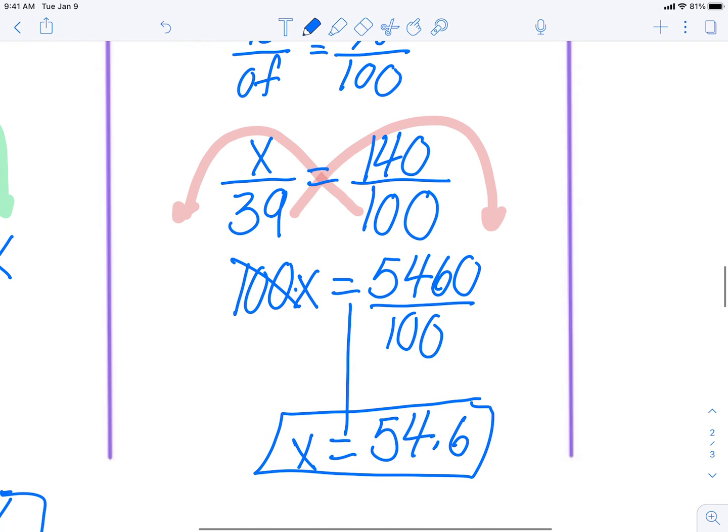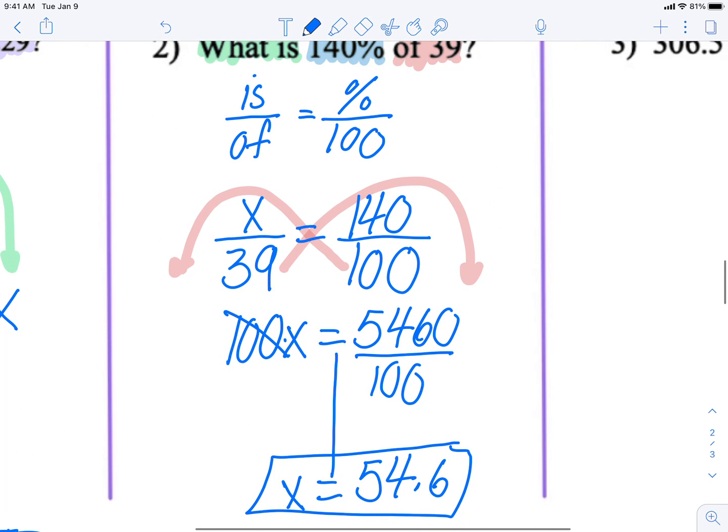Well, is that a percent? Let's see. What's missing here? Is percent missing? Nope, I got my percent. The is part is missing, and the is part is not percent. So this is correct. 54.6 is more than 39, so it's more than 100%.